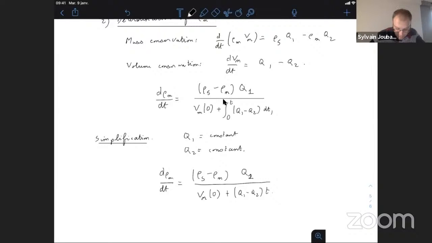We'll answer the second question in the experiment. Q1 or Q2 are not controlled by the height of the water level, they are controlled by a peristaltic pump. You impose Q1, you impose Q2 in the peristaltic pump, and you have the flow rate you want during all the experimental realization.